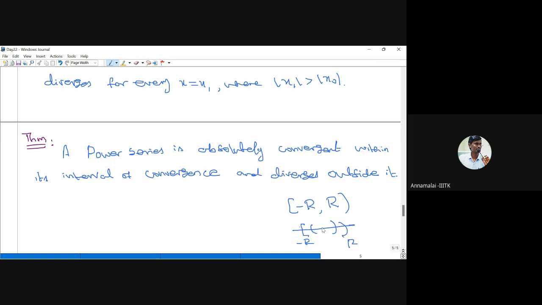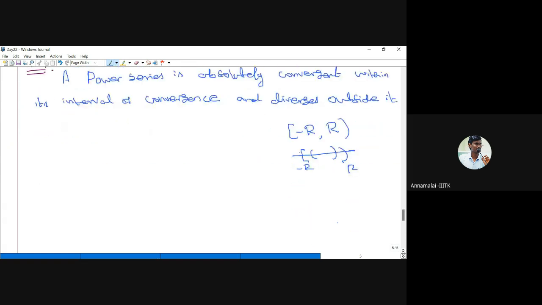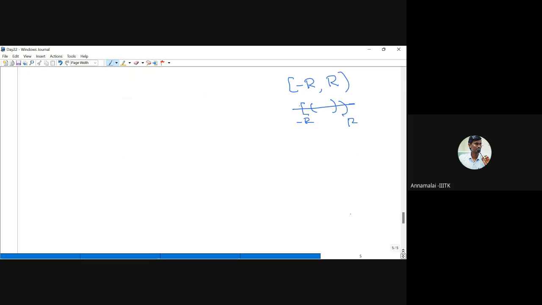Okay, another theorem. Suppose we define the function f of x equal to summation a n x power n, then this converges uniformly. Simply saying otherwise, the derivative of the function.